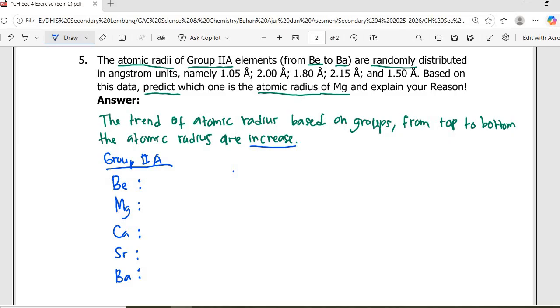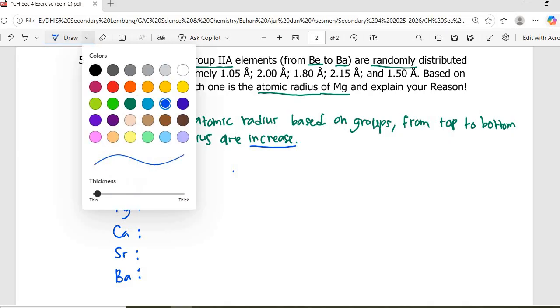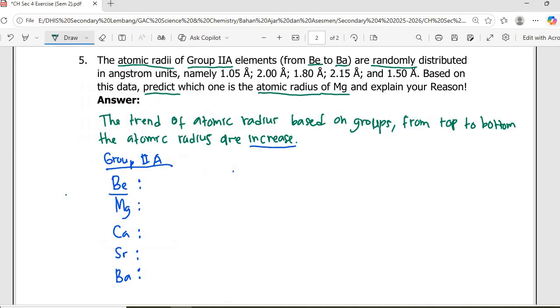So you have to arrange which one has the smallest atomic radius until the biggest. Starting from the smallest, beryllium is the smallest atom, the smallest atomic radius.